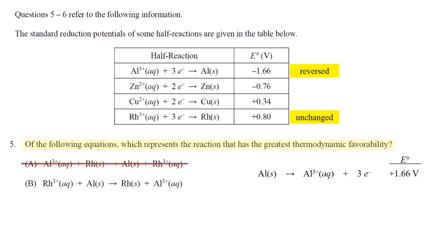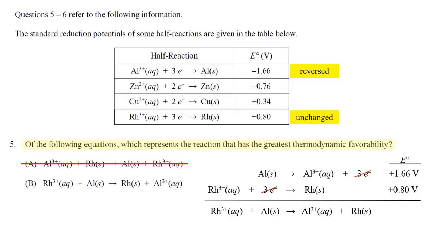I'm going to reverse one of them, not both of them, but just one. So this would give me a reaction in which I have aqueous rhodium ions on the left and solid rhodium on the right. The electrons would already cancel out. I have 3 electrons on the left and 3 electrons on the right. And when I combine these two half reactions together, this looks like the reaction written in choice B.